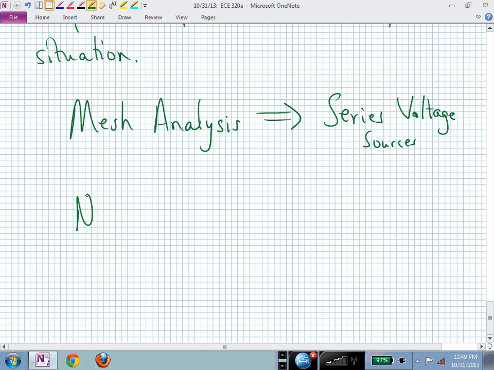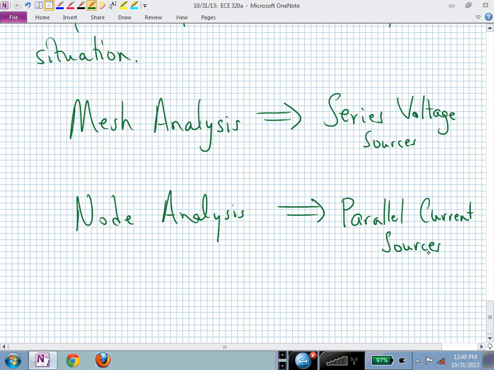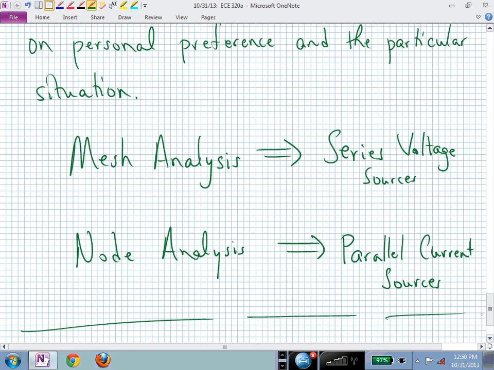Likewise, if you were applying KCL equations or doing nodal analysis, that's when these parallel connections are more appropriate, or when we might apply parallel current sources. And that doesn't take a 4-headed coin. Okay, that's exactly where I wanted to be at this point.